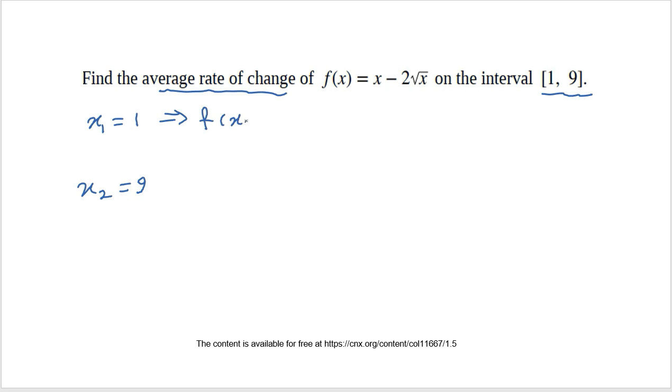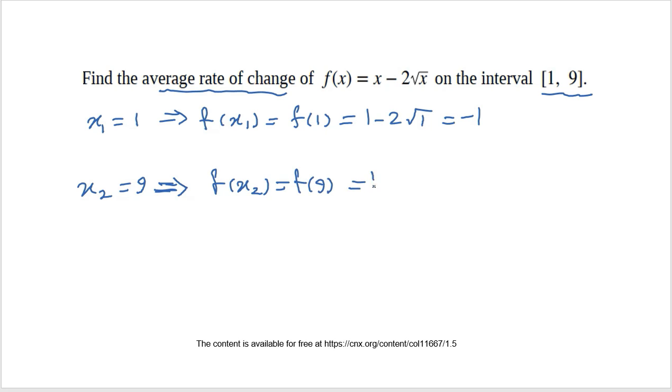F of x1 is equal to f of 1 is equal to 1 minus 2 square root 1 is equal to negative 1, and f of x2 is equal to f of 9, which is equal to 9 minus 2 square root 9 is equal to 9 minus 6 is equal to 3.